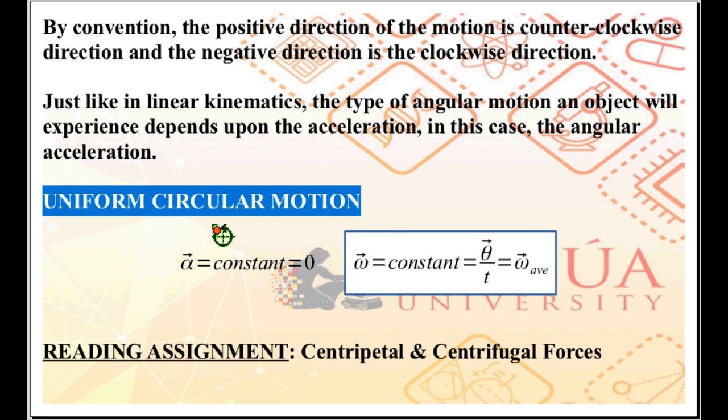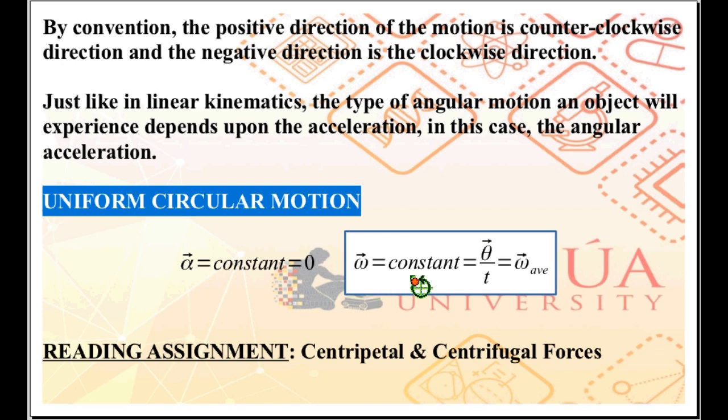For uniform circular motion, you only have one equation basically to take note of. Since the acceleration is 0, the rate of change of angular velocity is 0. The angular velocity is not changing, therefore the angular velocity is constant. Omega is equal to d theta over dt.